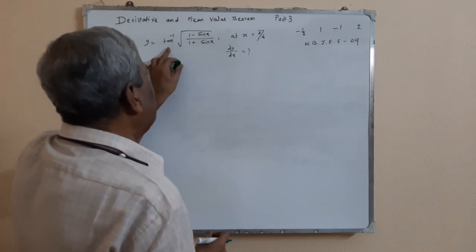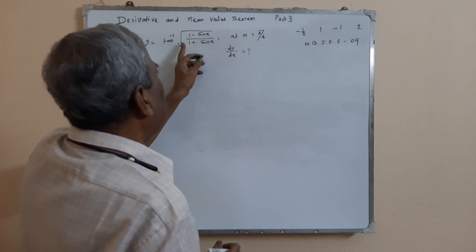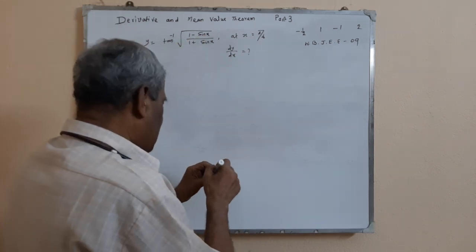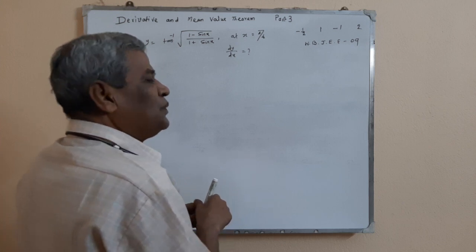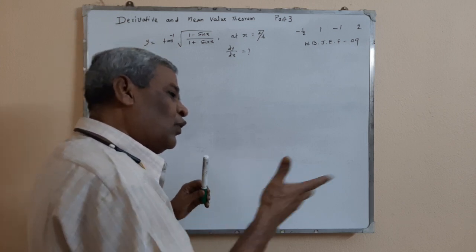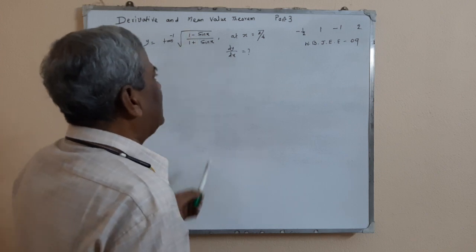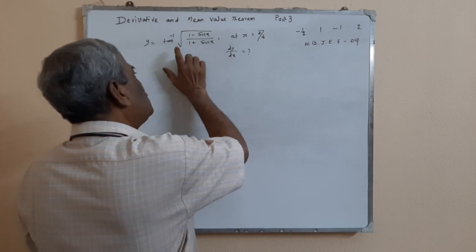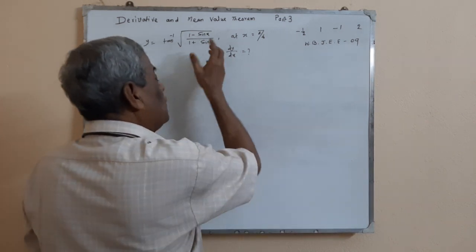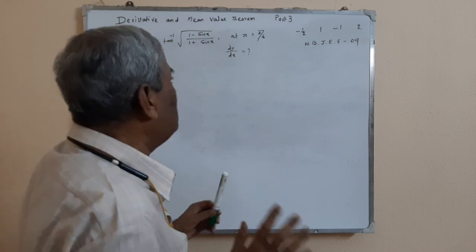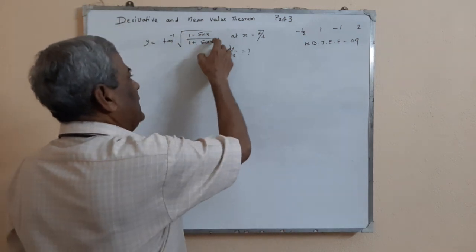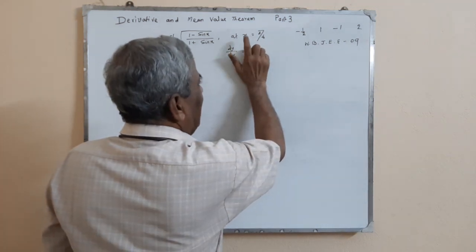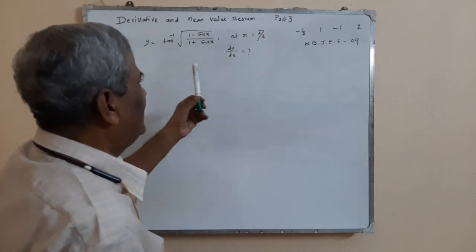It is a tan inverse function, and within the root it is 1 minus sin x by 1 plus sin x. We can put it into a whole square form, this and that together. But one thing we have to keep in mind: when we remove the square root, the whole thing within must be positive. Now, near x is equal to pi by 6.